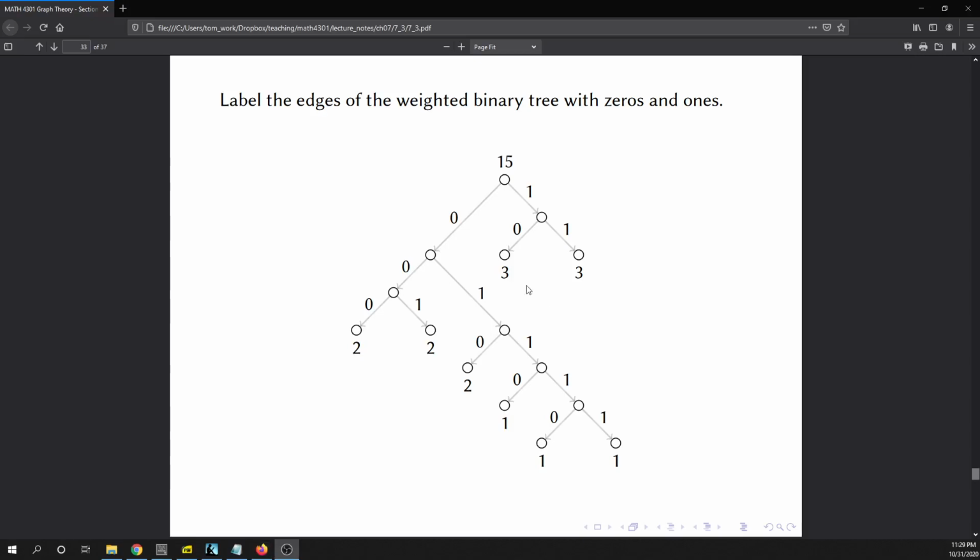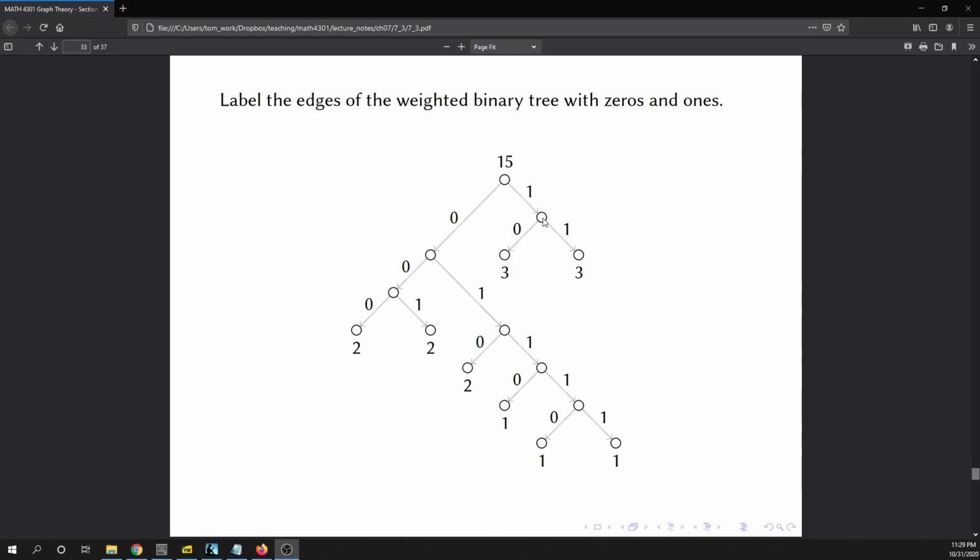The first thing would be to label the edges with 0s and 1s. This is what is actually called a full binary tree, because there are no vertices with degree 1. It's either 0 or 2. And so what you would do is label, for instance, this root vertex, which has out degree 2, you would label one edge or arc with a 0, the other with a 1.